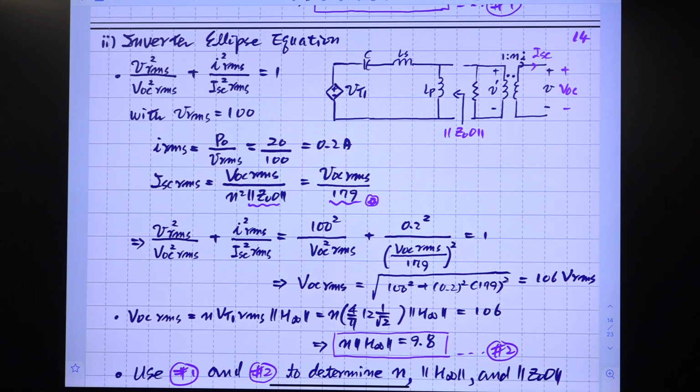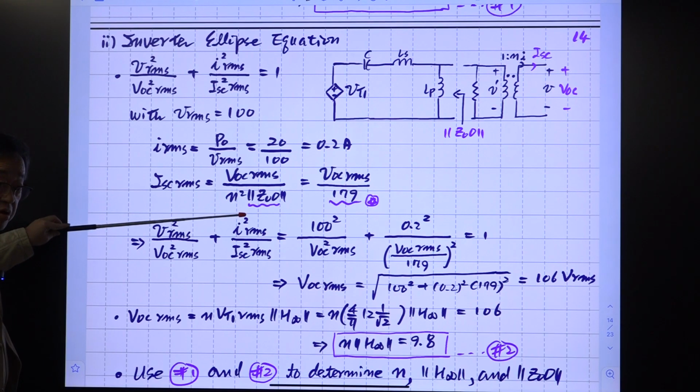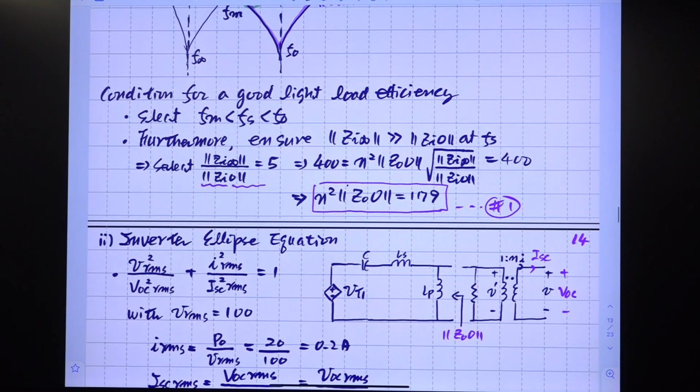So you have this, and this is the expression for ISC, short circuit current: open circuit voltage divided by G infinity times N squared. We know this number. This number we already defined in the previous slide, which is this. So use this.